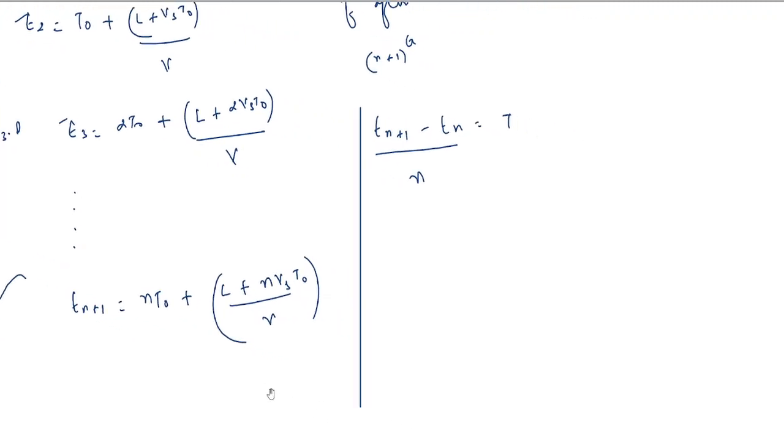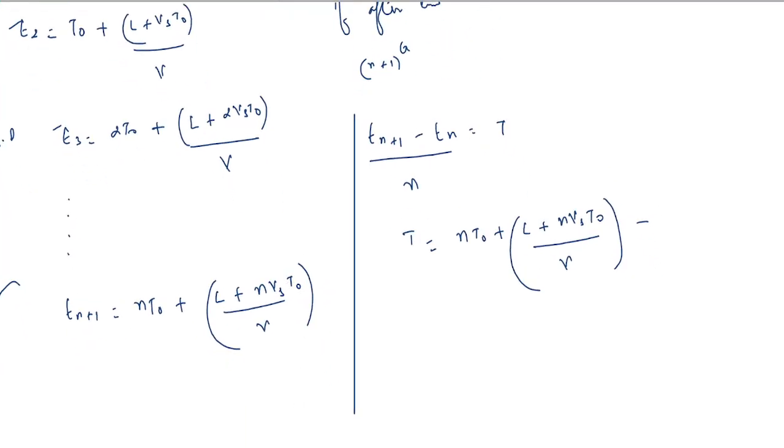From here you can say this T is equal to (V n t naught plus L plus n Vs t naught) by V. This is T_(n+1) minus T_1, where T_1 is L by V, the whole under n.